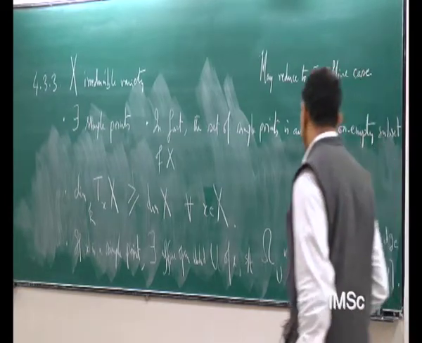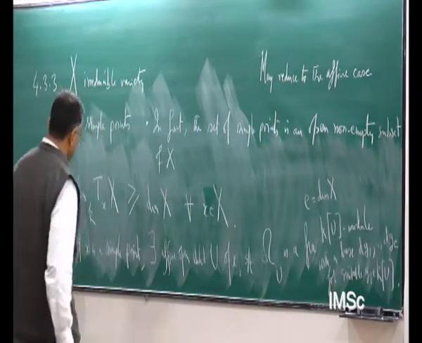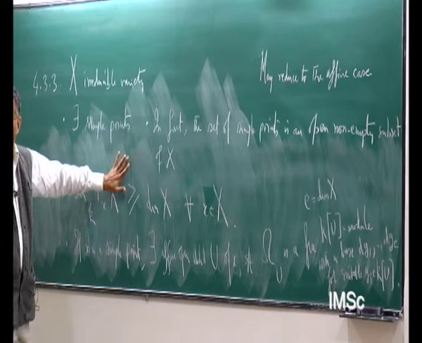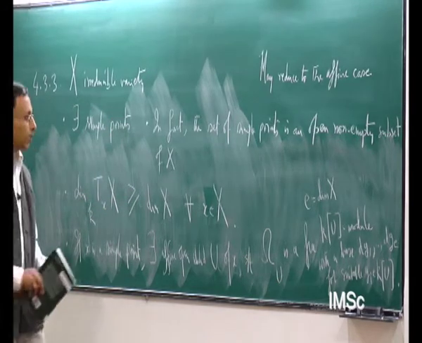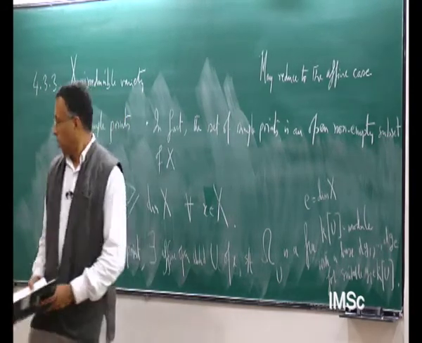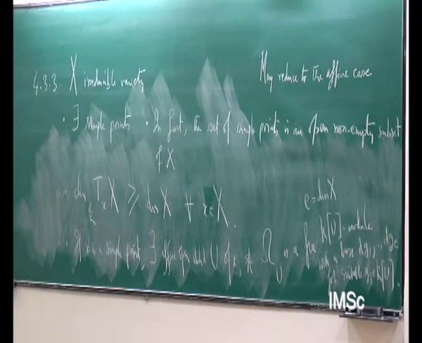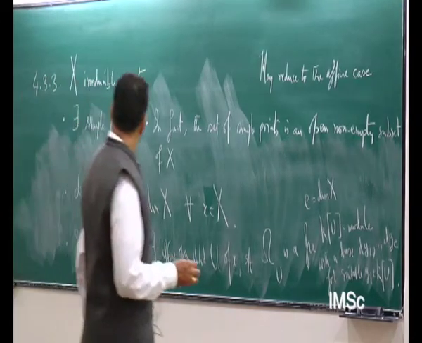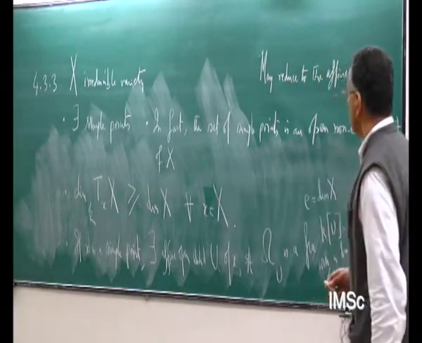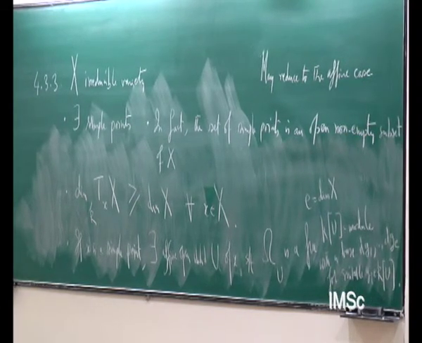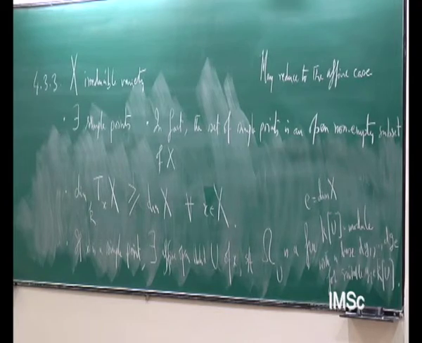Okay, this is what we want to say. Okay, now for a moment let's forget the last one, let's just look at the earlier ones. I'll assume X is an affine variety.